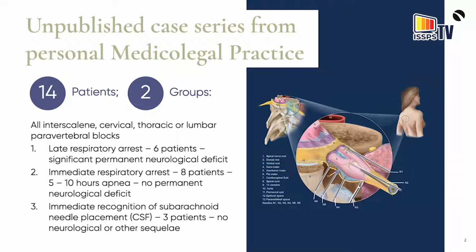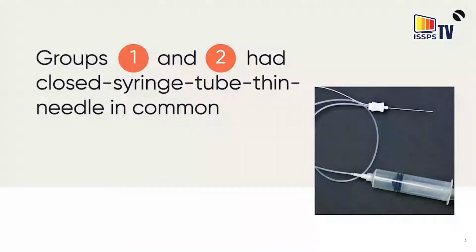All the blocks done for the patients in Group 1 and Group 2, where they had delayed or immediate respiratory arrest, had this closed syringe, tube, thin sharp needle combination in common. With this needle, the dura and arachnoid of the dural sleeve can easily be punctured, and as we know, the aspiration test is totally meaningless because the suctioning draws tissue onto the needle opening and obstructs it.